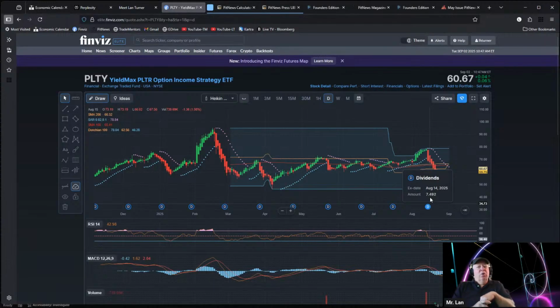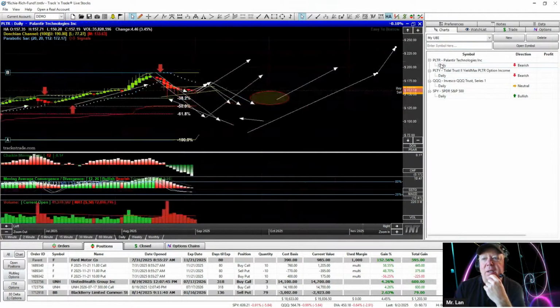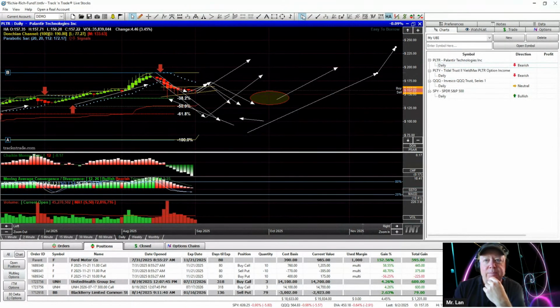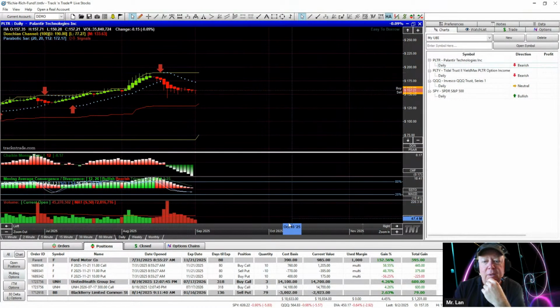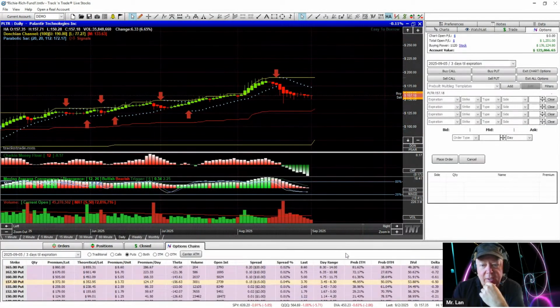So it's not going down because the stock is going down, and it will a little bit. It's going to take that into consideration because it's part of the math formula, right? But it's all based on implied volatility. So if you go over to track and trade and you pull up PLTR, and you pull up an options chain, and you look at an options chain on here.